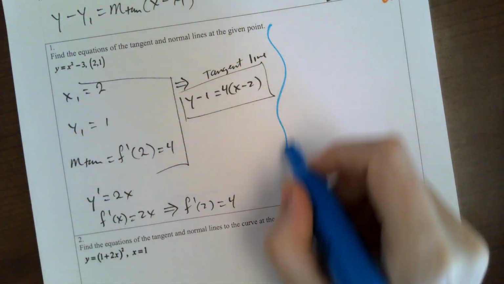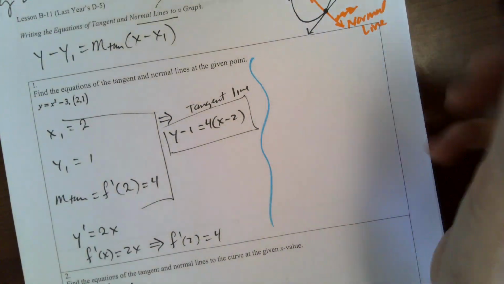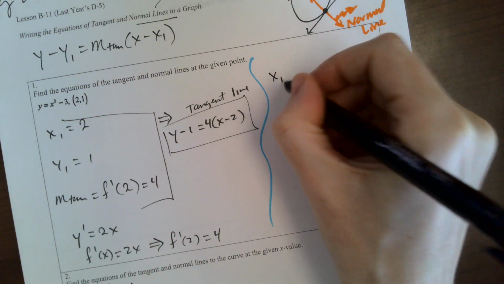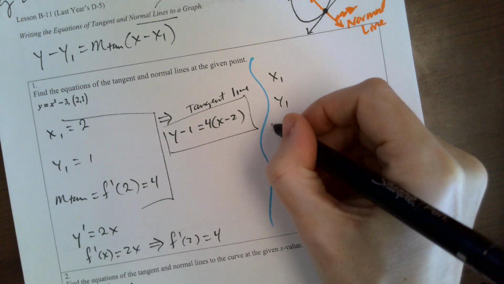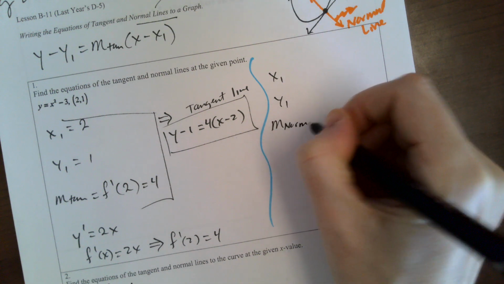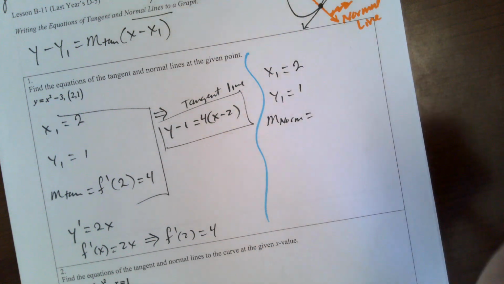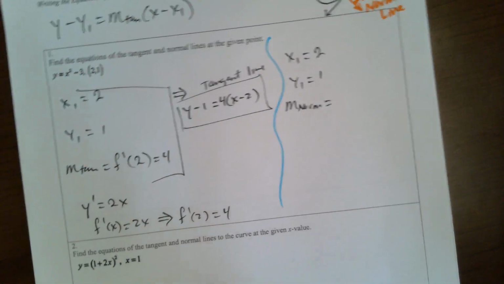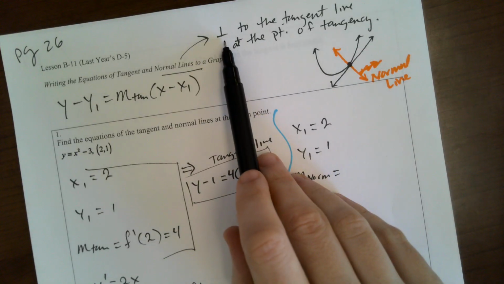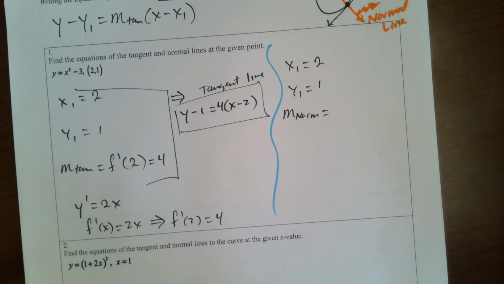For the normal line, we're going to have the same x1, y1, except instead of m tan, it'll be m norm. So 2, 1. For the slope of the normal line, remember the normal line is perpendicular to the tangent line, and perpendicular lines have negative reciprocal slopes.